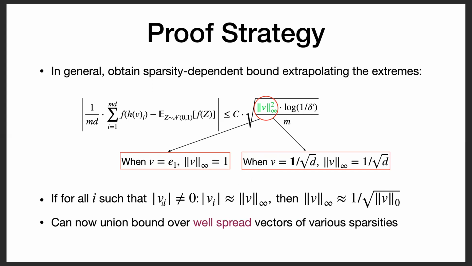Now consider the set of well-spread vectors, so vectors for whom the scale of the non-zero entries is comparable to the infinity norm. For these vectors, the infinity norm roughly tracks the number of non-zero entries, or the support size of the vector.